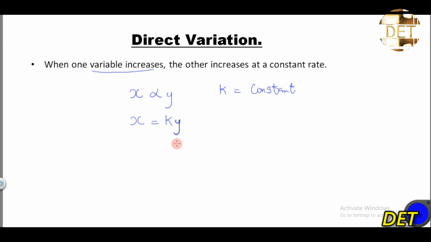If I make K the subject of the formula, K will be equal to X all over Y. So this is very important. When one variable increases, the other variable increases at a constant rate in direct variation.